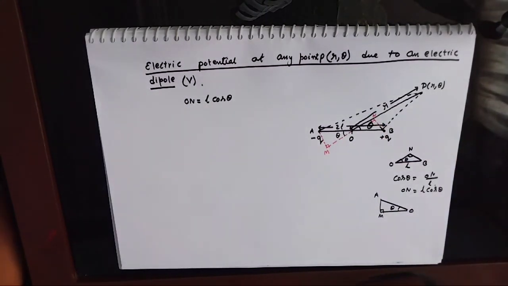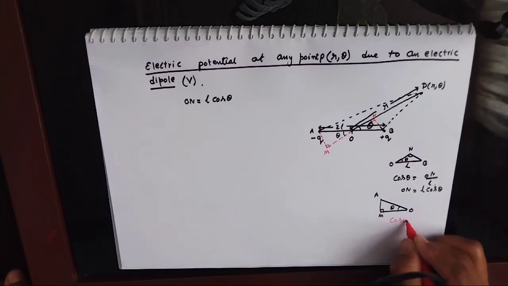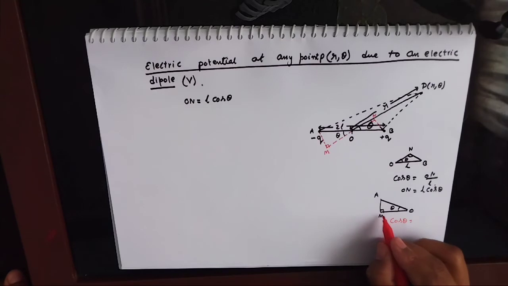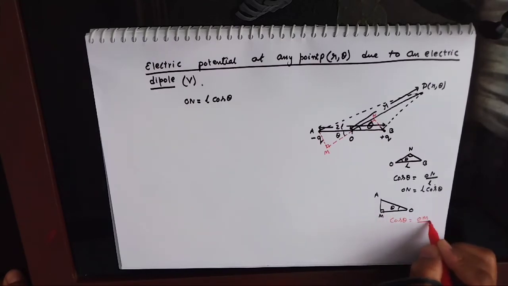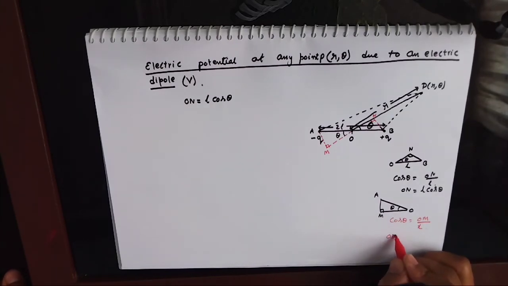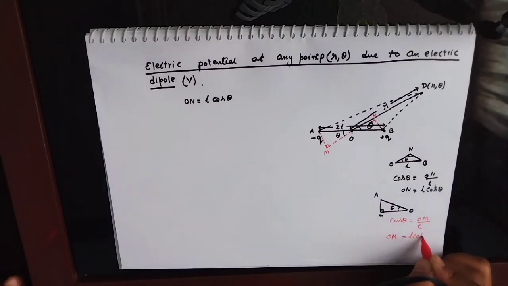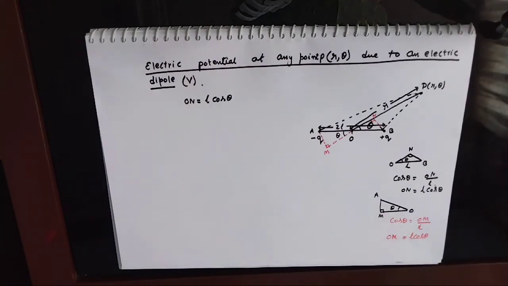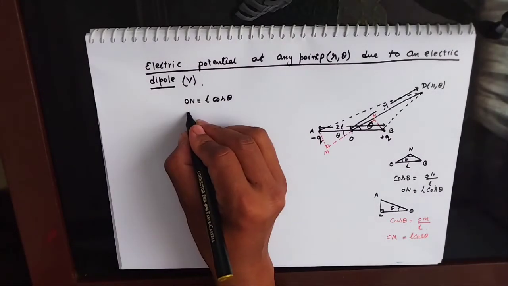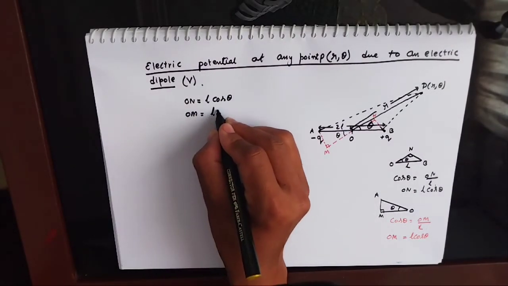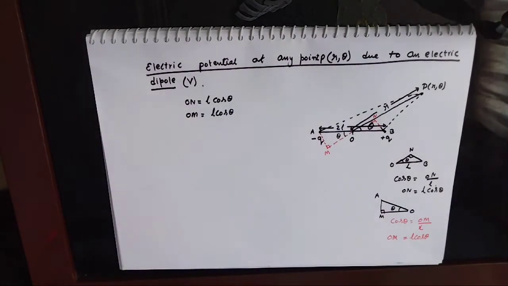So what is cos of theta in this case? Base is OM, hypotenuse is AO, which is L. So what is OM? It is L cos theta. Therefore, OM is L cos theta.